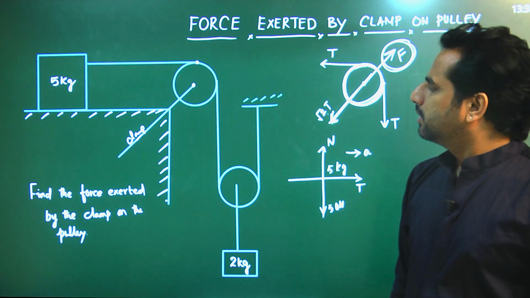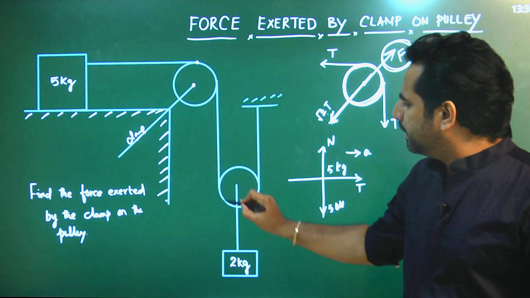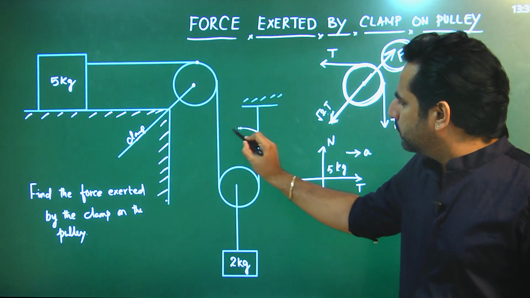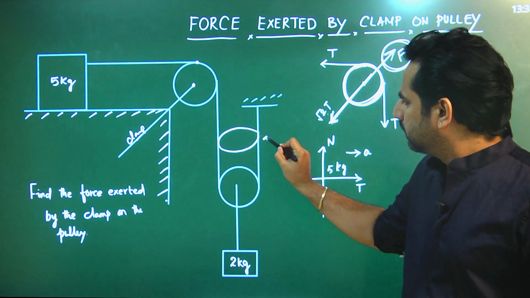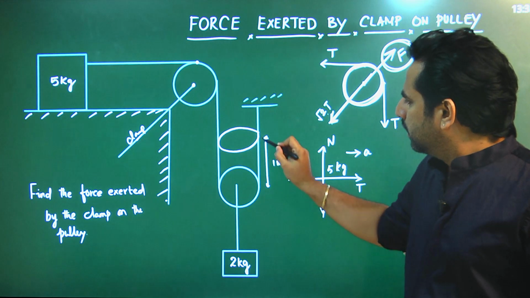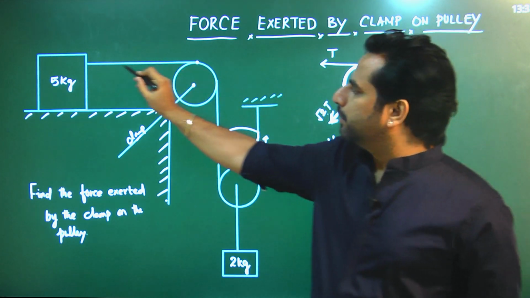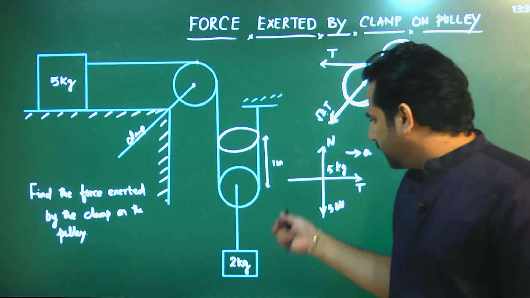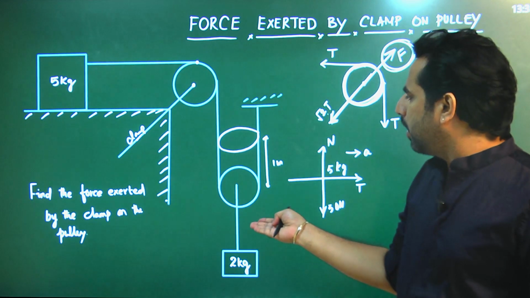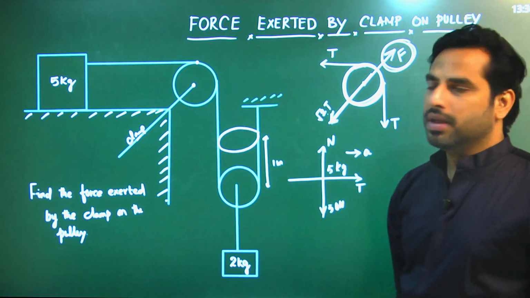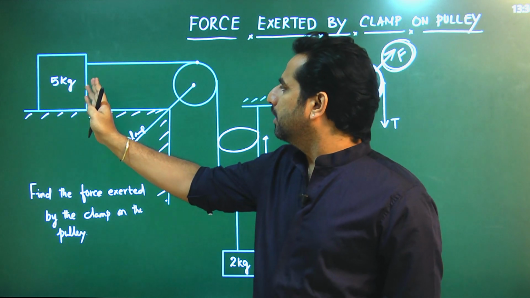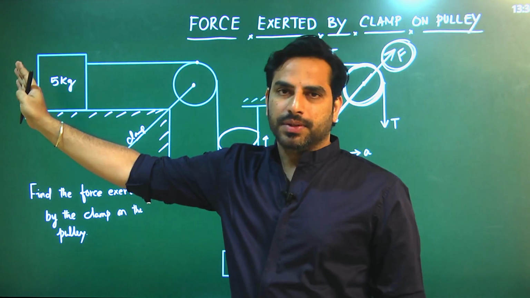Because this is connected to a movable pulley, suppose the pulley goes up by 1 meter. The string released is 2 meters, which is given to the 5 kg block. So if the velocity of the pulley or 2 kg block is 1 meter per second upwards, then the velocity of the 5 kg block will be 2 meters per second towards left.